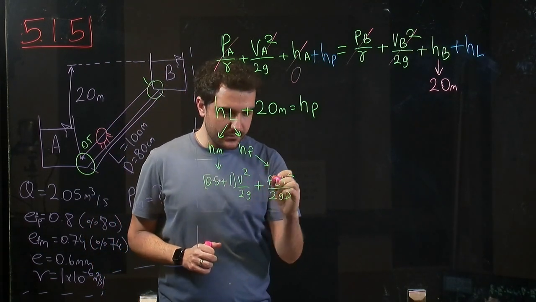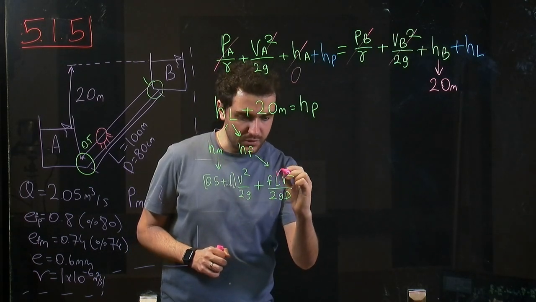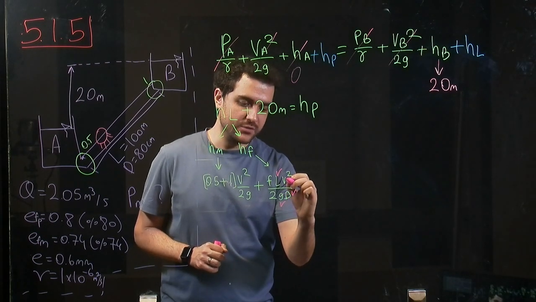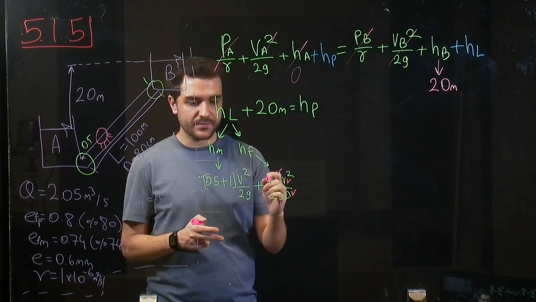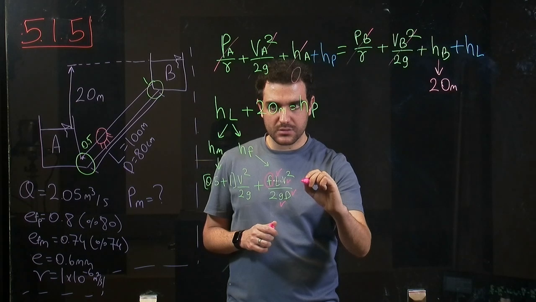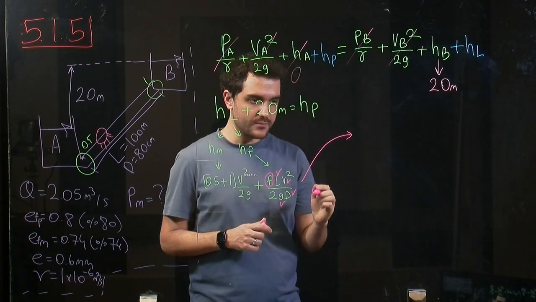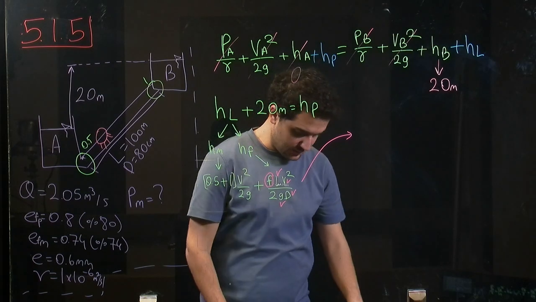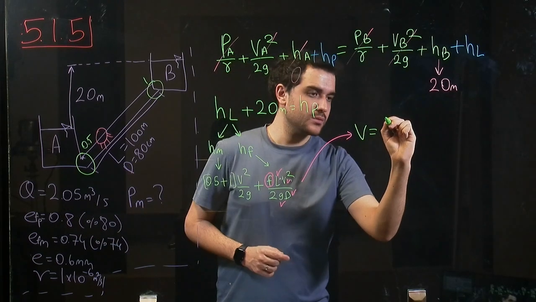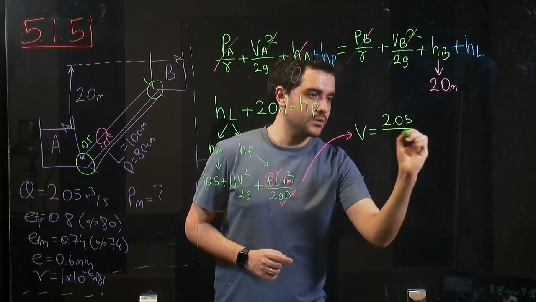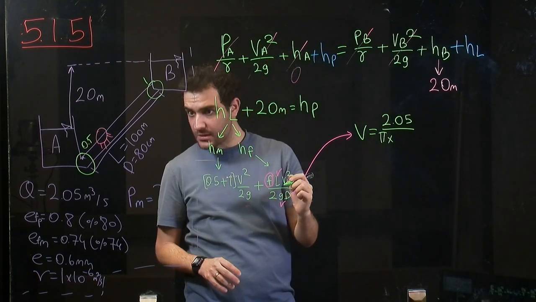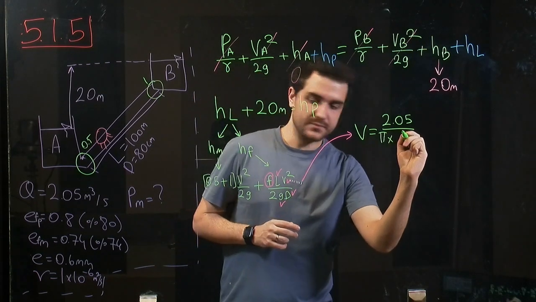Okay, so let's see what we know. We know the length, diameter, acceleration. We know velocity, even though we haven't calculated it yet. And we need to find the friction factor. So let me continue here. The velocity will be equal to Q over the area, with diameter 80 centimeter.